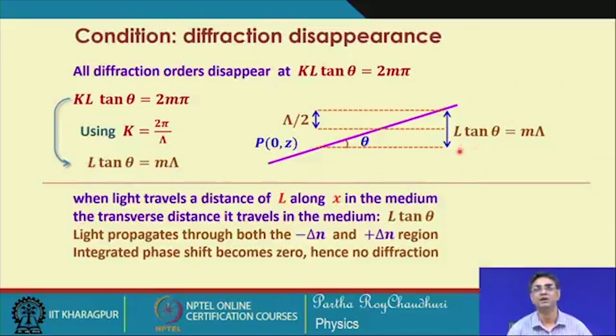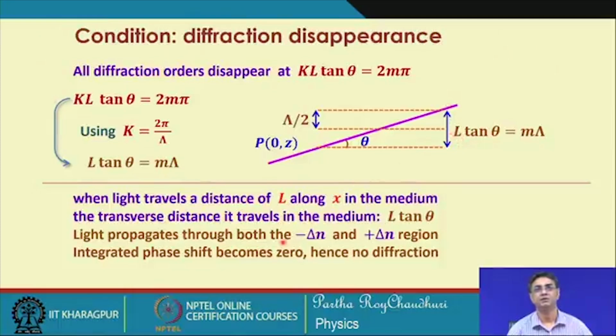So, this much of length L tan theta corresponds to a phase, which corresponds to an effective length of m times capital lambda, and if m equal to 1, it is only 1 lambda. When light travels a distance of L along x in the medium, the transverse distance it travels in the medium is L tan theta. So, this much of distance it travels.